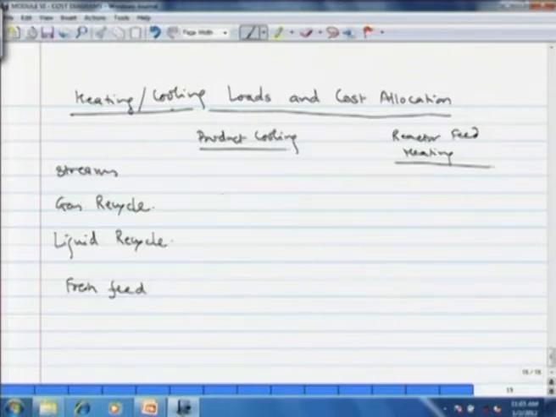All these numbers are in gigajoule per hour. For product cooling: gas recycle 39.2 gigajoule per hour, liquid recycle 6.1, fresh feed 25.5.